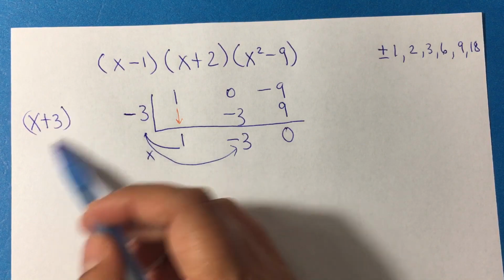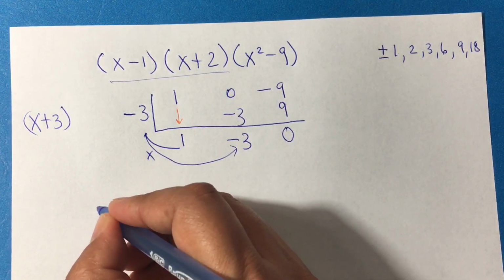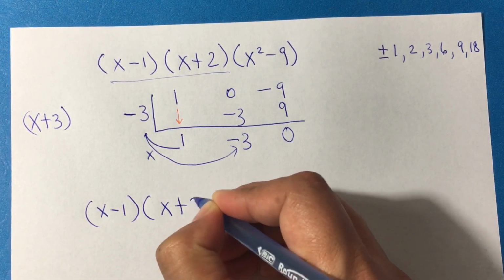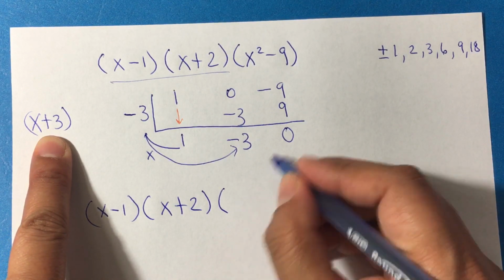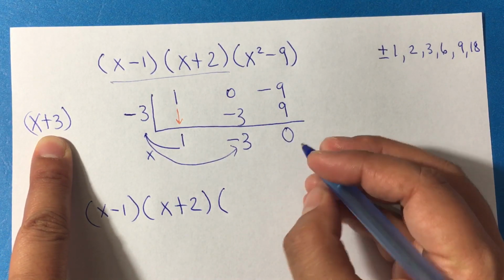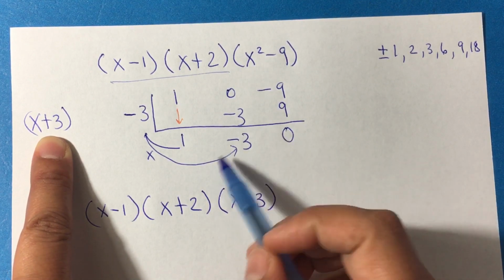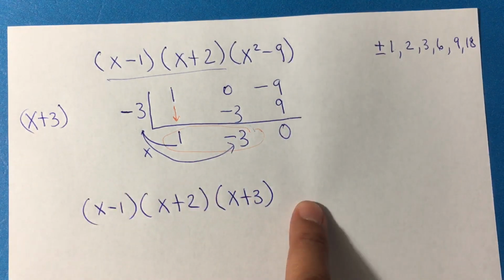So that's a third factor. So this we already factored out is x minus 1, x plus 2. We found that this is a true factor because we got 0 in there. So x plus 3.